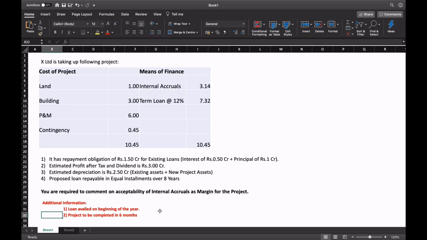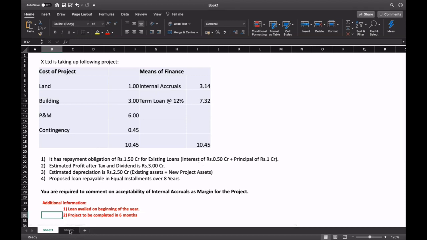So if the loan is availed on 1st April, and the project is completed in 6 months, that is 30th September, we have to look at that first 6 months period, how they will manage the margins, because the margin is 3.14 crore. Whether they will have sufficient margin at that point and whether they'll be able to service their existing loans, both have to be taken into consideration.